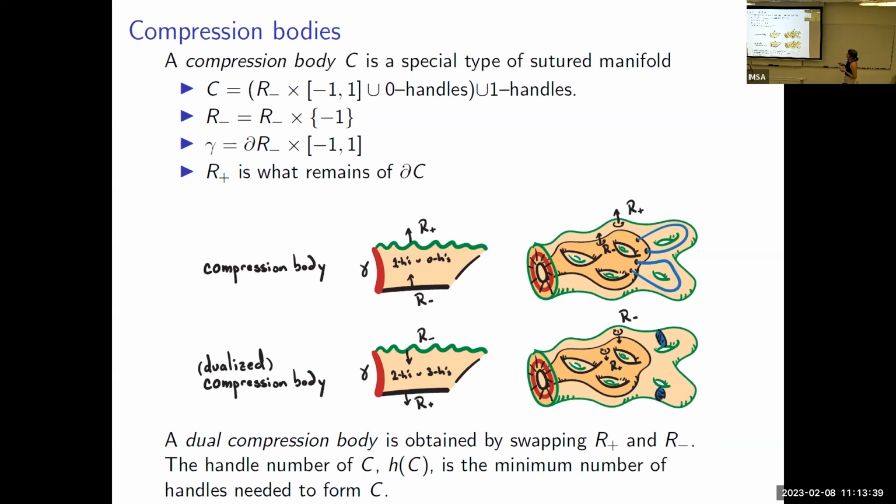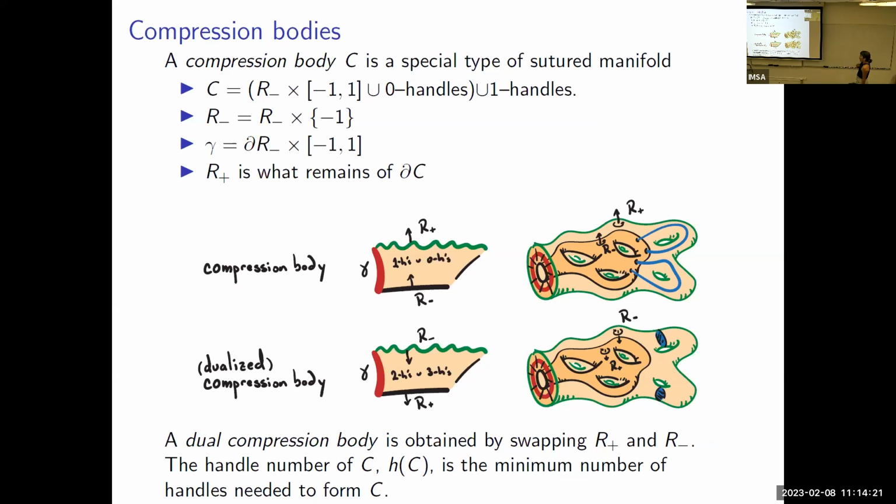The compression body has a suture structure given by the following. R minus is just the minus copy of the surface R minus. Gamma is the boundary of the surface across the interval, and R plus is what remains of the compression body. Here you can see a real picture of a compression body, and here the schematic picture.